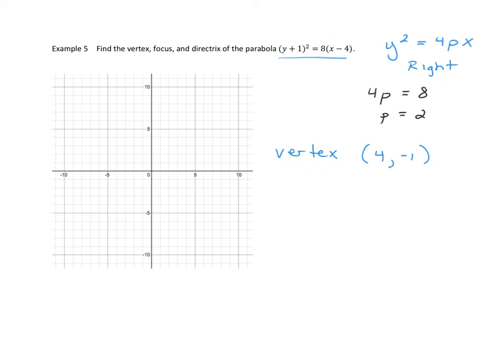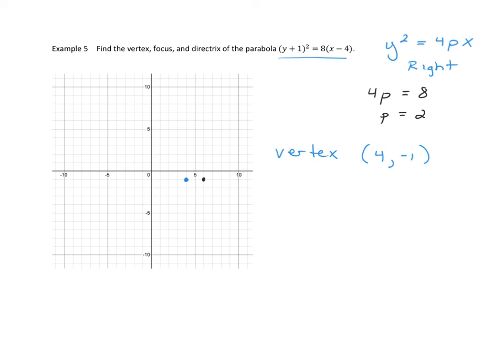So let's graph that. Okay, so 4 for x and -1 for y. That's right here. Now, the focus is going to be 2 points in this direction. So this is the focus. And the directrix is going to be, well, we go 2 in this direction, but it's really a vertical line.